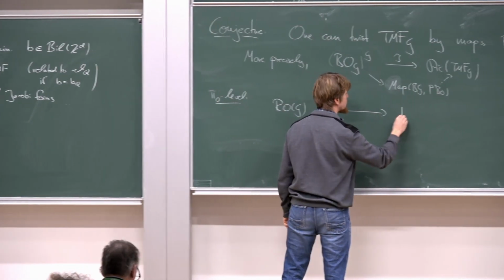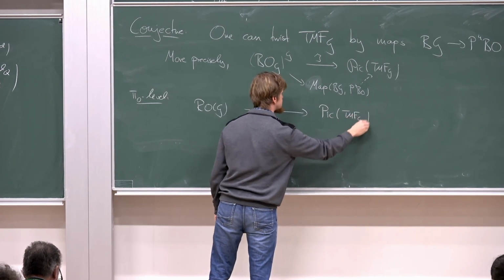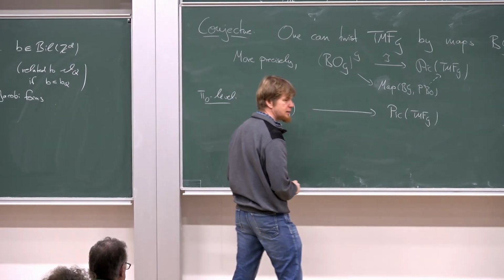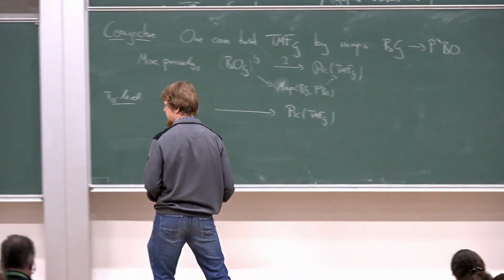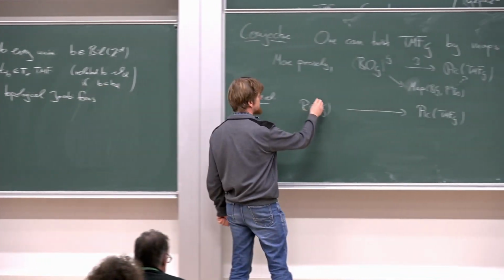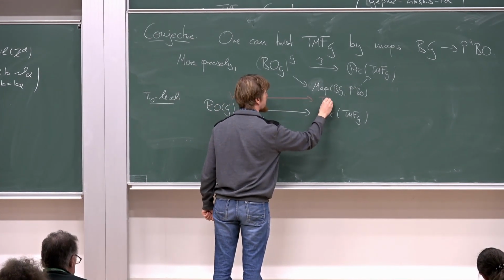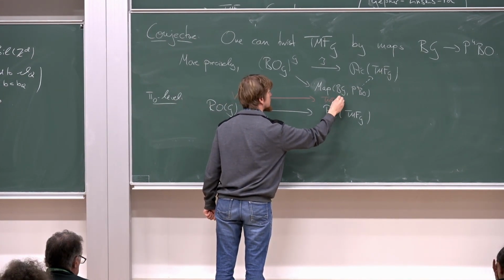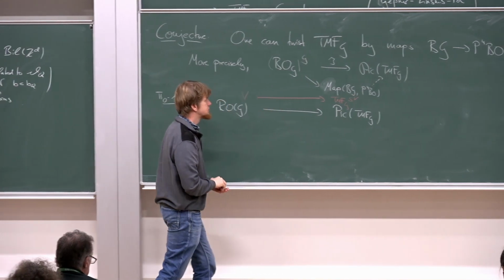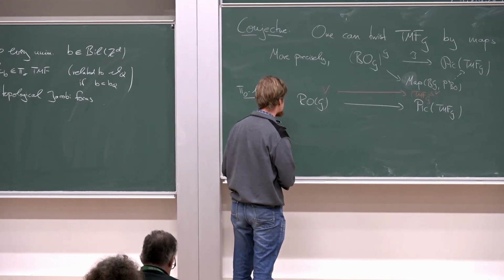And so I can go to the Picard group of TMF_G. If I have some virtual representation V, this will go to TMF_G to the S^V, with S^V being the one-point compactification.